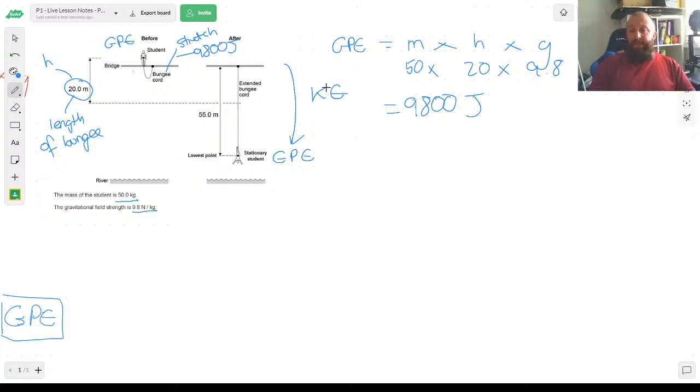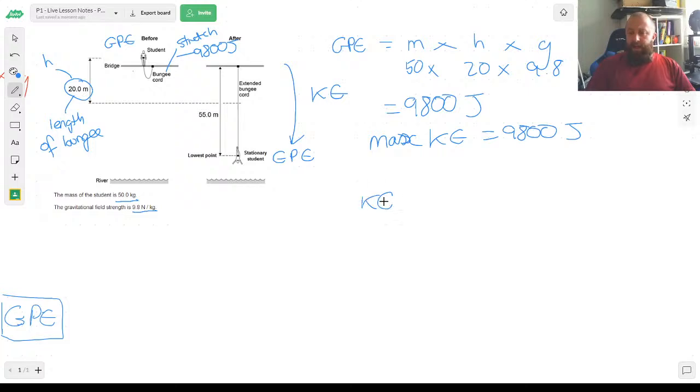So the maximum kinetic energy this person could achieve also equals 9,800 joules, and that's ignoring all of the other forces, air resistance and everything else acting on them. So we could plug this into our calculation to work out how fast they would be travelling when they reach this maximum kinetic energy.